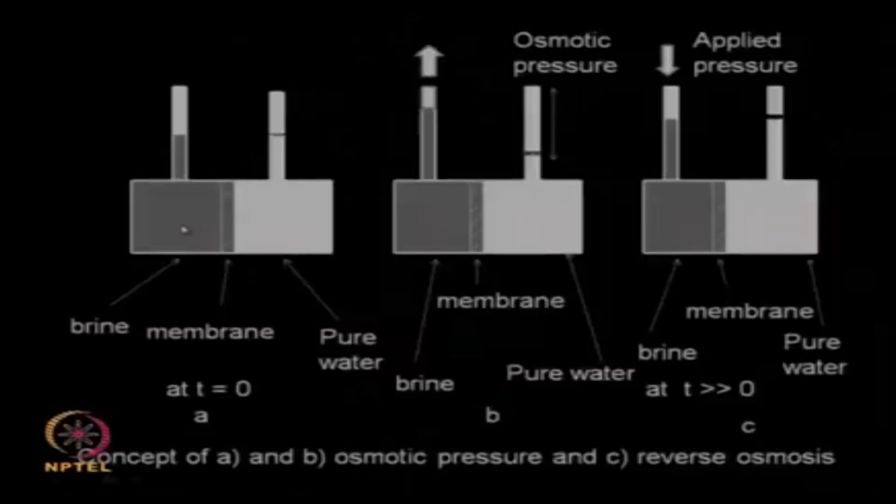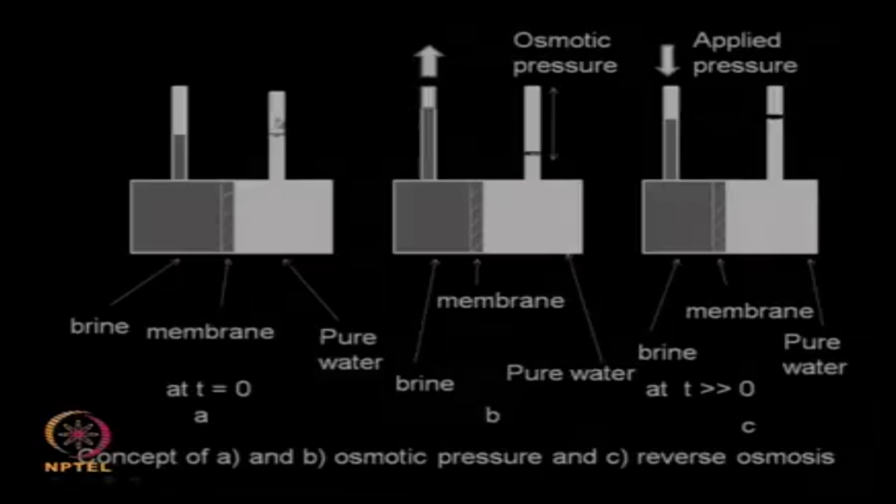Now imagine you have a chamber like this, and there is a membrane here. We have put in brine on one side, that means it contains salt, it is salt water, and on the other side we have pure water. This is at time equal to 0. Now what will happen?